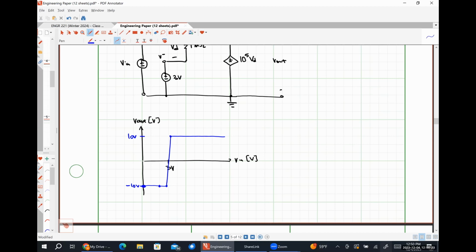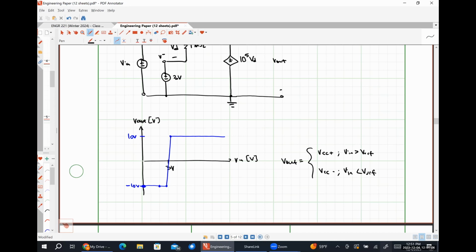So this is the operation of a comparator. Our voltage is simply compared to our reference. If it's greater, the output swings high. If it's less, the output swings low. Okay. So I could write this as Vout will be equal to VCC plus for Vin greater than Vref and VCC minus for Vin less than Vref.